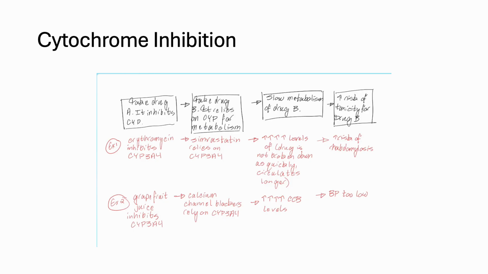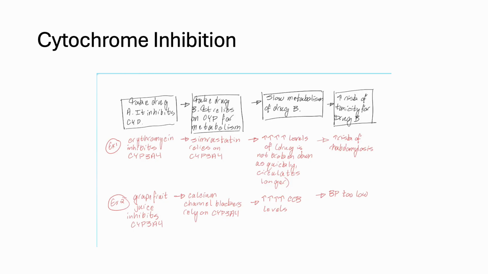One of the effects of a toxic level of simvastatin, a lipid lowering agent, is muscle breakdown. And the extreme form of muscle breakdown is called rhabdomyolysis, and it causes kidney failure, and it's very, very, very serious. So erythromycin and simvastatin, you can't take them together because erythromycin inhibits cytochrome P450 and simvastatin relies on it.